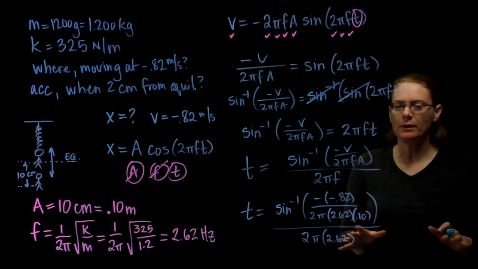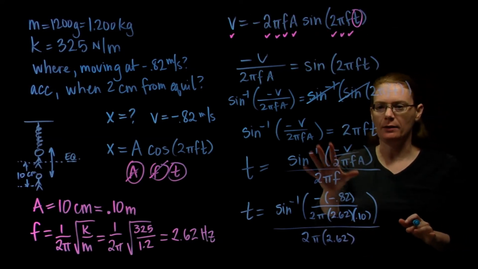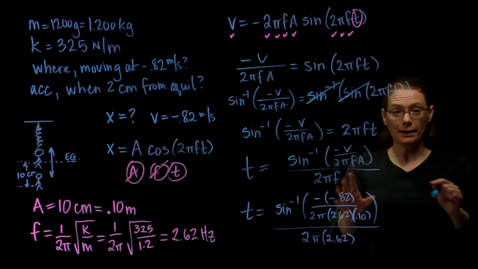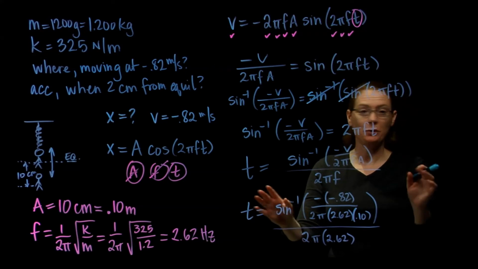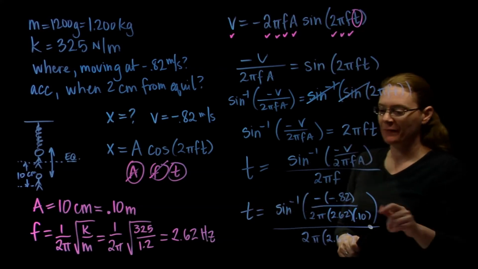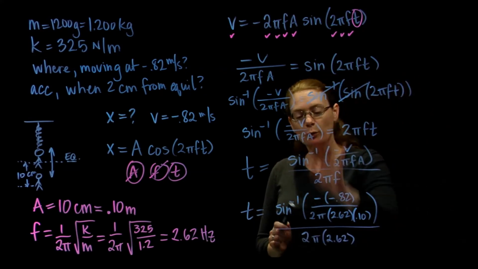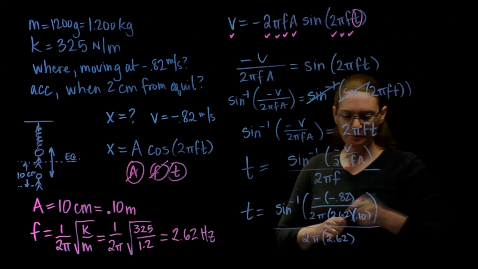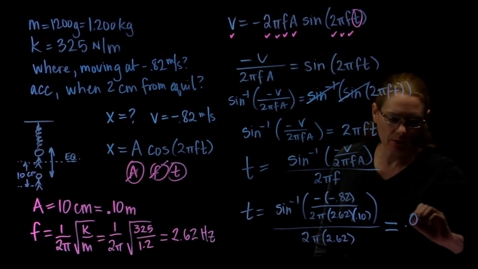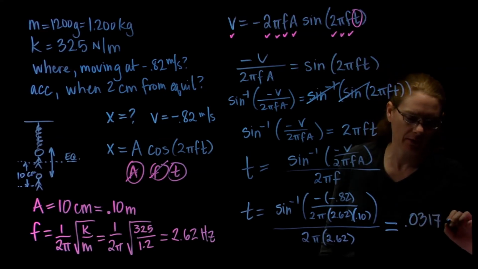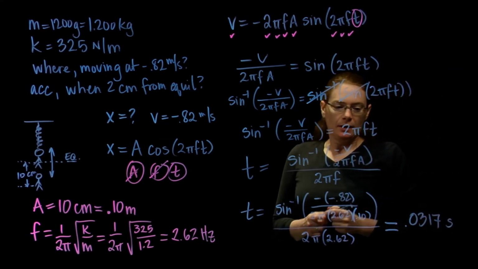So right now, convert your calculator, switch it over from degrees to radians before you go any farther, otherwise you'll get the wrong answer. So in radians, you should get an answer for the time of 0.0317 seconds. Is that a reasonable answer?